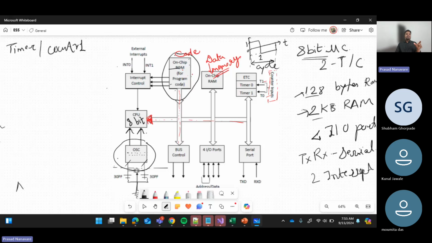So how does the timer work? As I told you, we have an oscillator which is generating a constant clock cycle for our CPU. A similar clock cycle is used for the timer also to calculate the time interval. This clock cycle is a function of time with some constant frequency, right? Do you know the relation between time and frequency? Anyone?